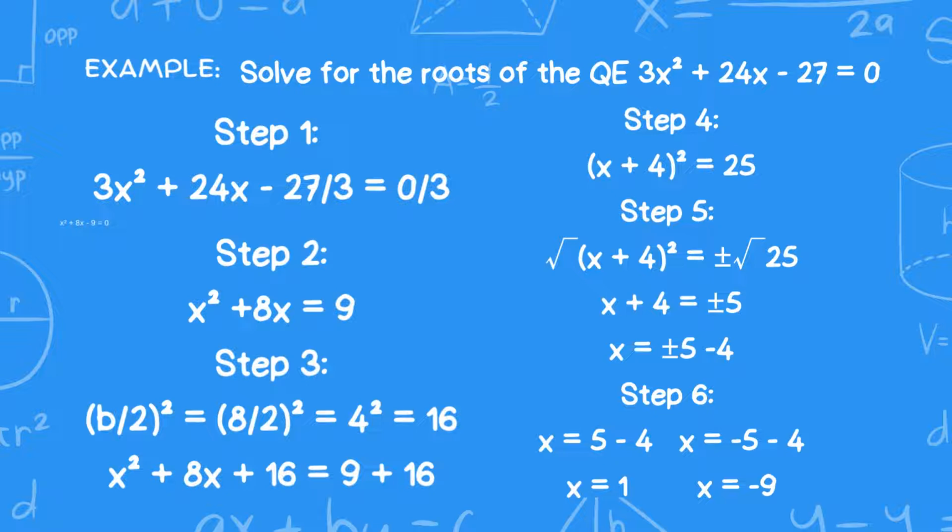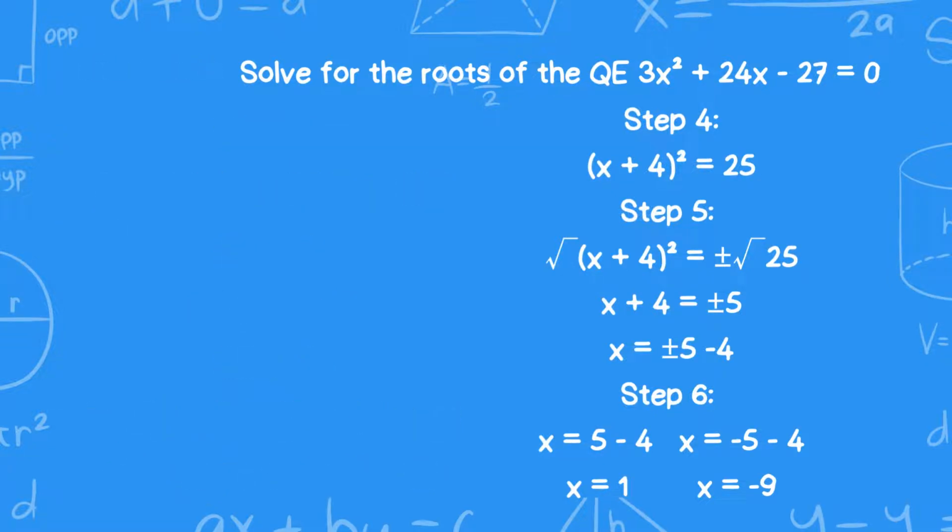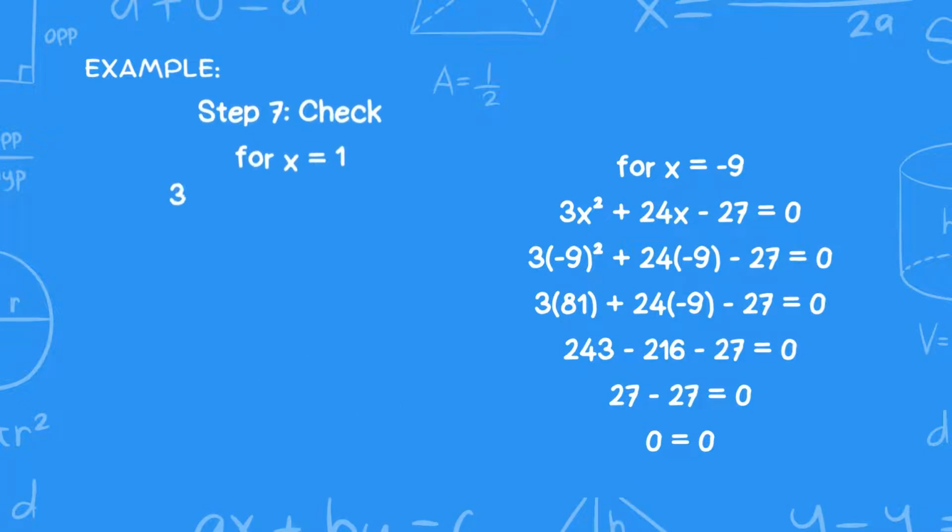The resulting linear equation is x plus 4 equals 5, and we have to move the constant, which is the positive 4, to the right, making it negative 4. So x sub 1 equals positive 5 minus 4, which is 1, and x sub 2 equals negative 5 minus 4, which equals negative 9. So the roots of the equation are negative 9 and positive 1.